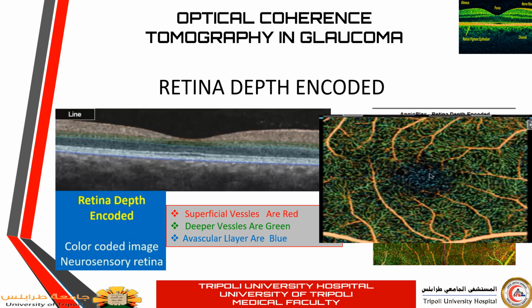The red is the superficial retinal blood vessels, and the green is the deeper retinal blood vessels. Normally, you will not see the blue color, but if you see it, this indicates flow in an avascular area, the deep layers of the retina. If there is any flow in the blood vessels in that area, you will see it blue. So this is called the retina depth encoded layer.